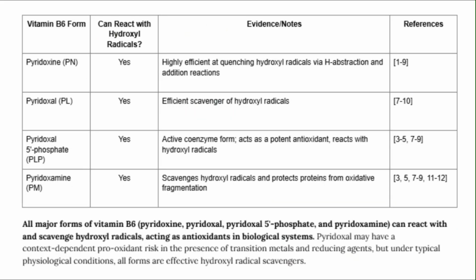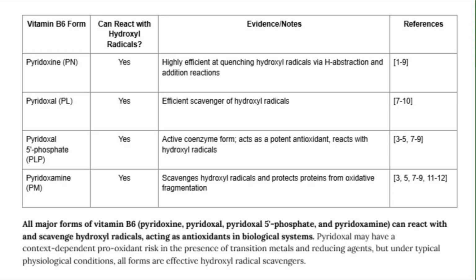So this slide is just sharing with you that all forms of B6 are capable of mopping up hydroxyl radicals. So at that point, it's not available for use in an enzyme, but obviously P5P is the active form, and it can act as a potent antioxidant, and it reacts with hydroxyl radicals.